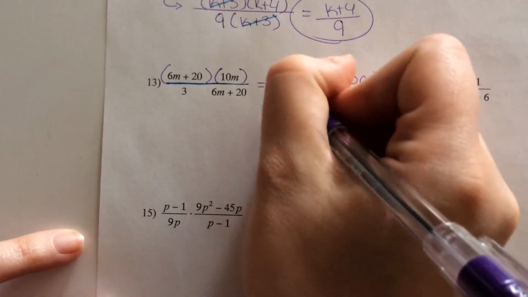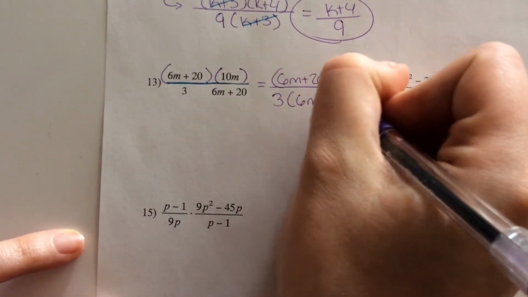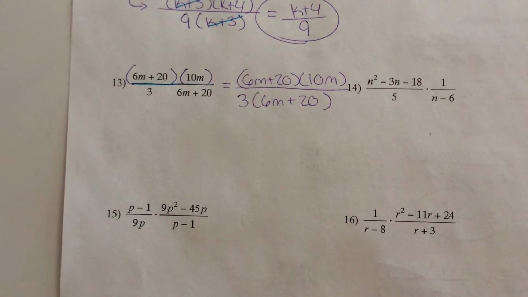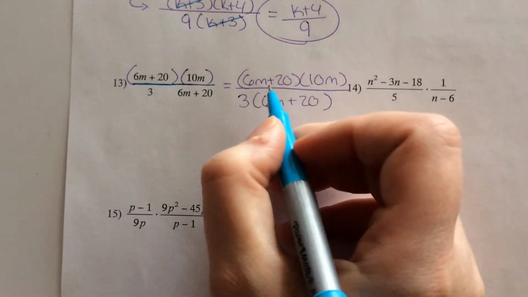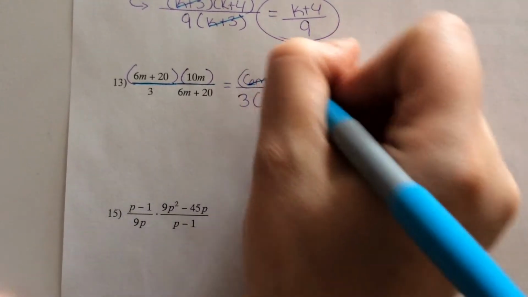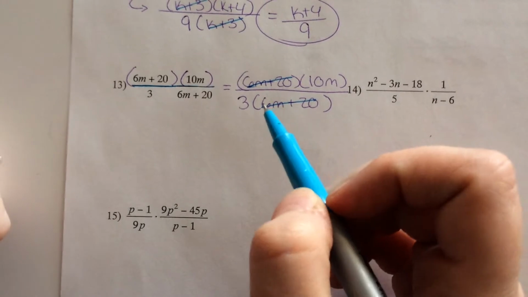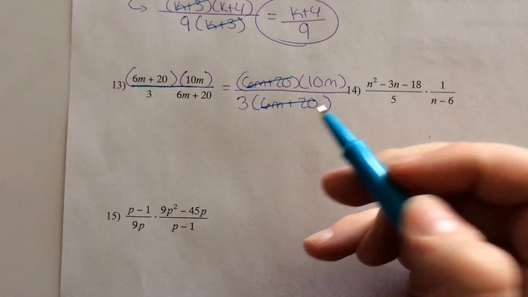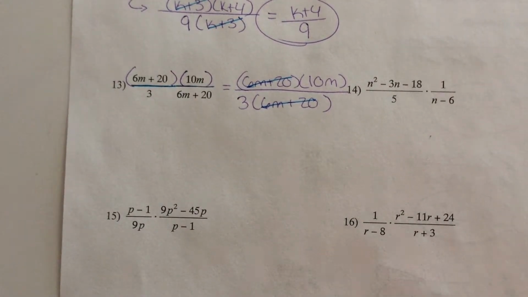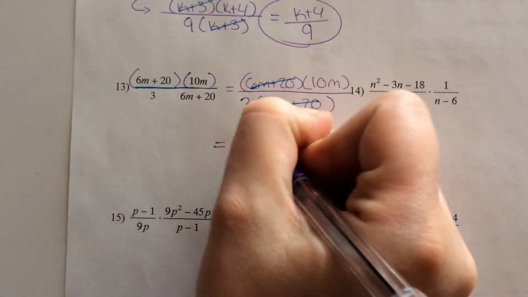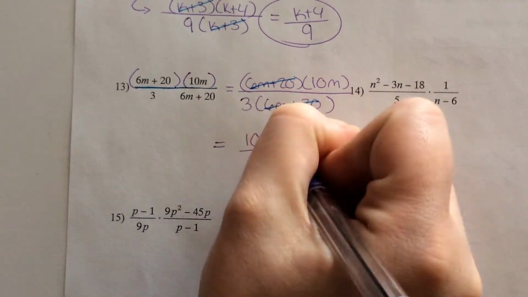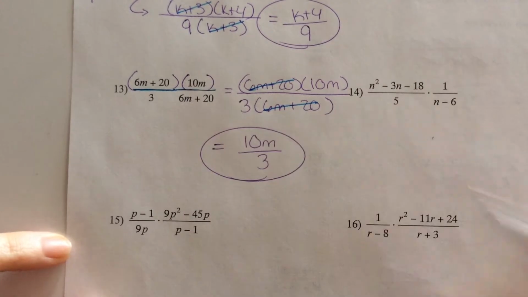Let's leave it alone for now. 6m plus 20. Okay, right off the bat, I see these 6m plus 20s. So I don't need, I mean, you could factor out a 2 from each one, but there's no point to doing that because they're identical already. So all we have left here, excuse me for all the coughing, is 10m over 3.